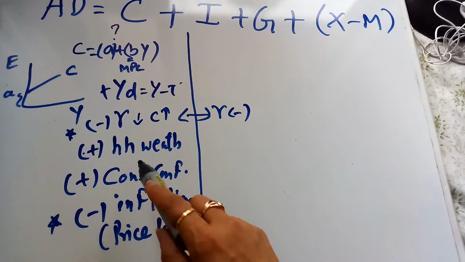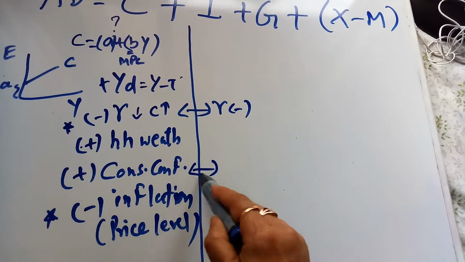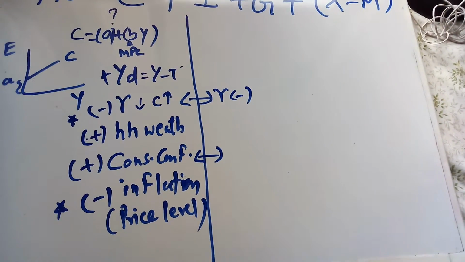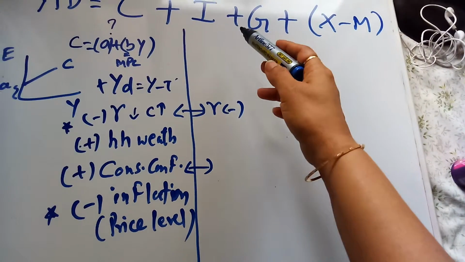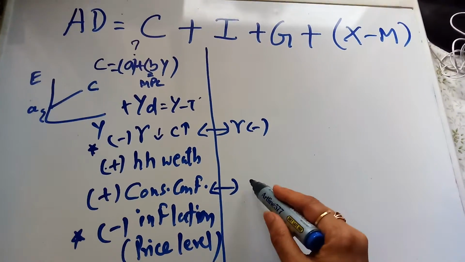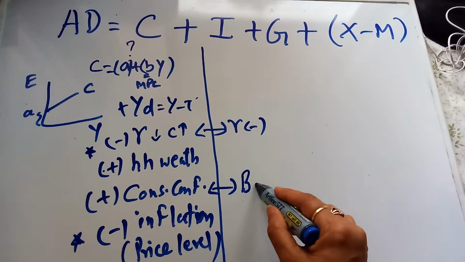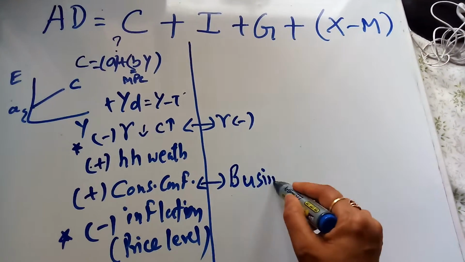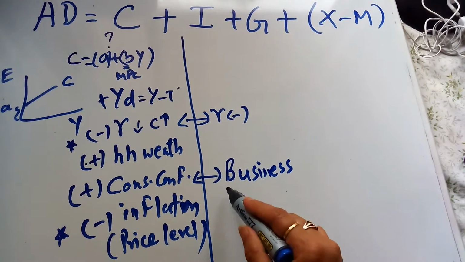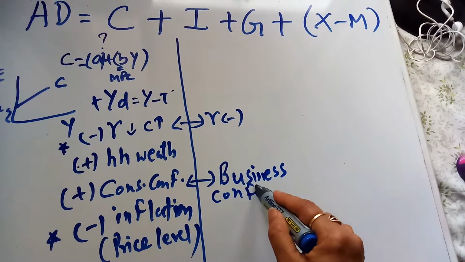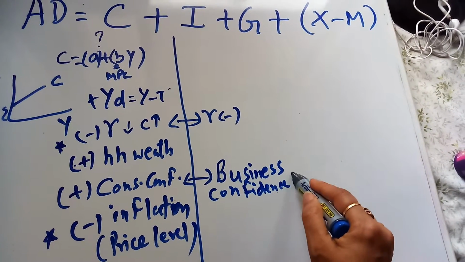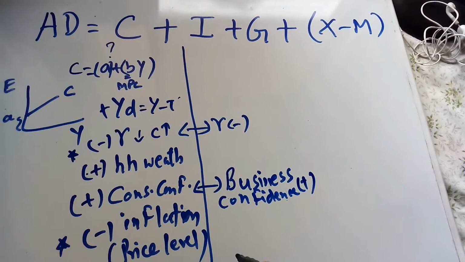Similarly, you can think of consumer confidence, but instead we don't call it consumer confidence because investment relates to firms. So you can remember the idea of business confidence. So how does business confidence affect investment? Same relation and the same storyline again. Positive.